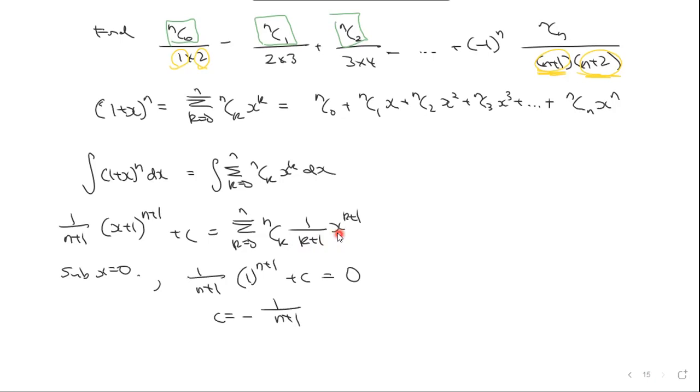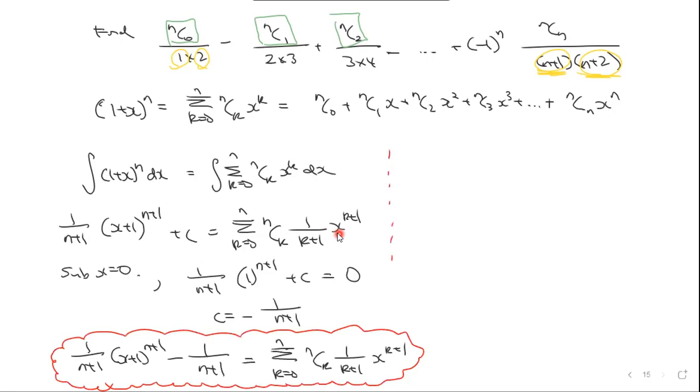So that gives me the result that 1 over n plus 1, (x plus 1) to the n plus 1, now I have a specific c, minus 1 over n plus 1 must equal the sum from k equals 0 to n of nCk 1 over k plus 1 x to the k plus 1. I have an identity that is true for all values of x.